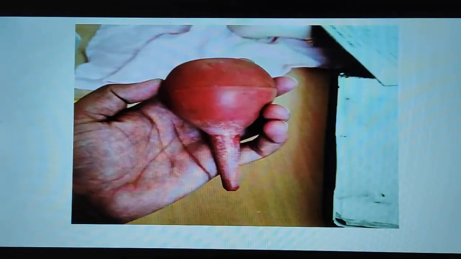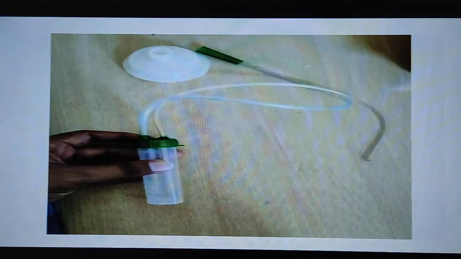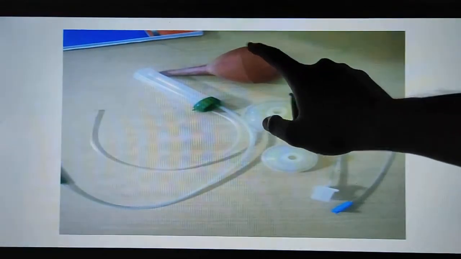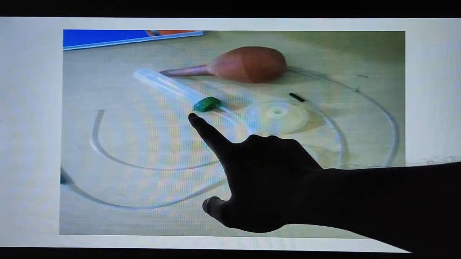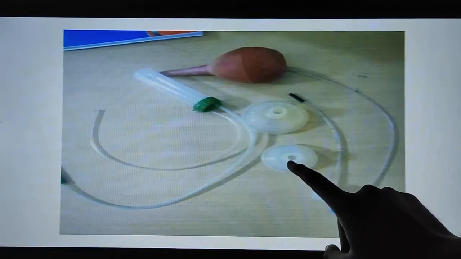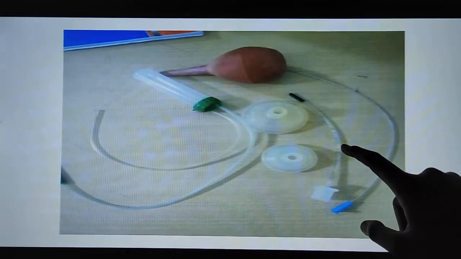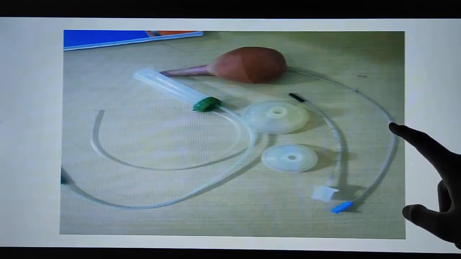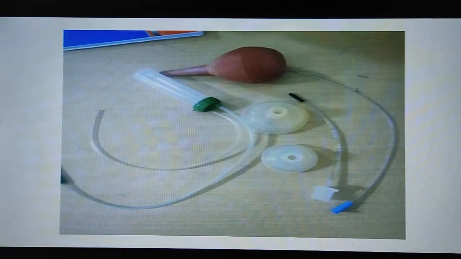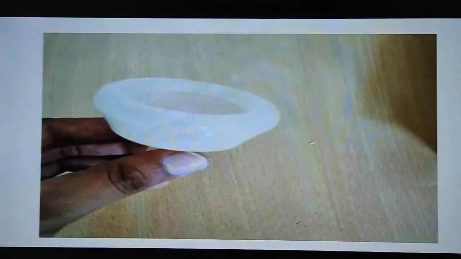This is bulb sucker. This is Dee Lee's oral mucus trap or oral mucus sucker. Face masks of different sizes, endotracheal tube, and this is suction catheter. These instruments are used during resuscitation of a baby.